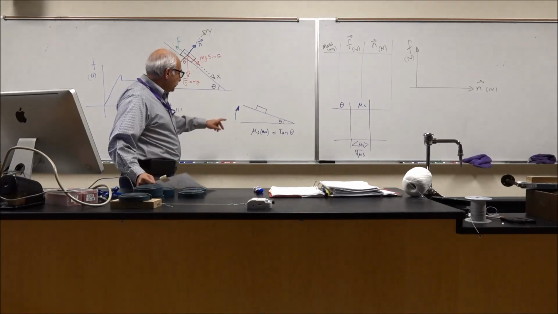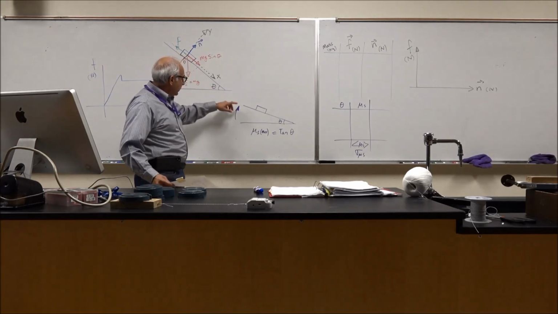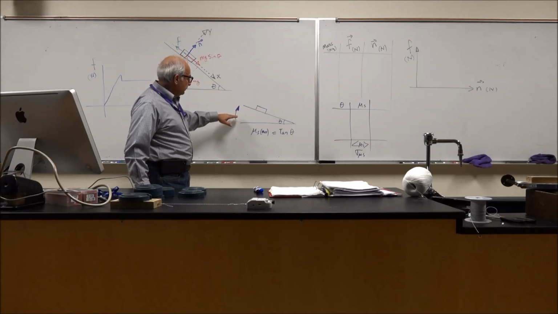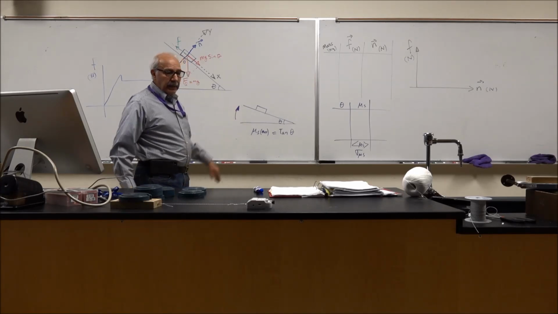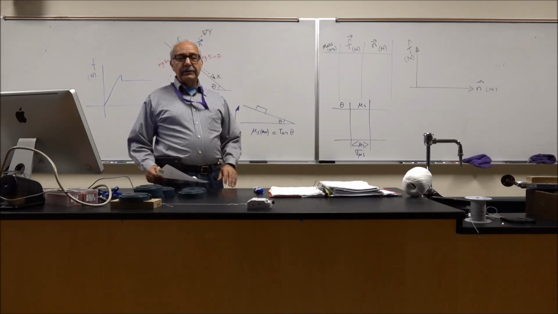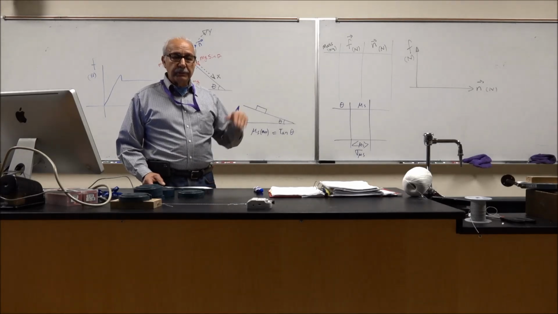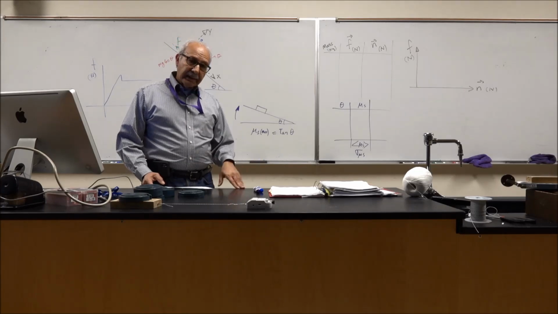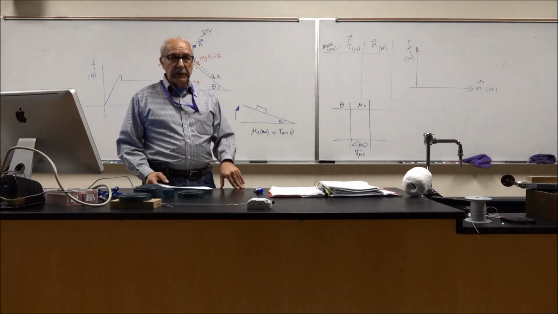Now, when you have the block on this plane with a certain angle, you can increase the angle, and at some point the block starts sliding down. When it starts sliding down, you have the coefficient of kinetic friction.